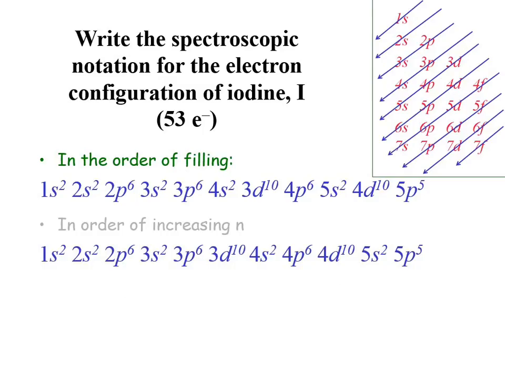After [Kr], all we have to do is write 5s2, 4d10, 5p5, and you're done. Now I know down here in green, my slide went ahead and scrambled it as increasing n. I would leave it as it was added, because that's the way I think of it, so either way. Any questions about that? All right.